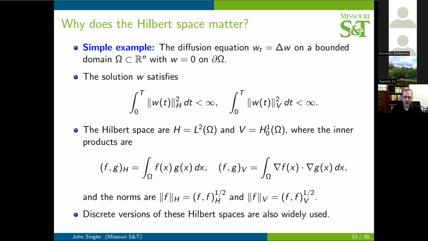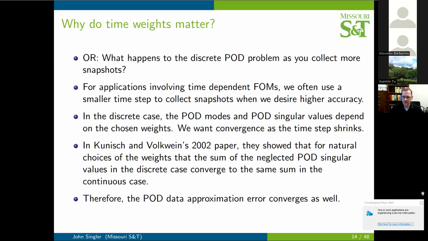There are two different inner products, and so you can measure these POD data approximation errors in different norms. And the numerical analysis for the diffusion equation or others, like Navier-Stokes, both of these norms appear.